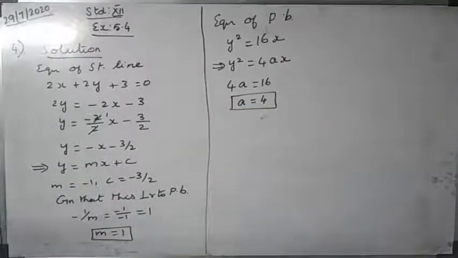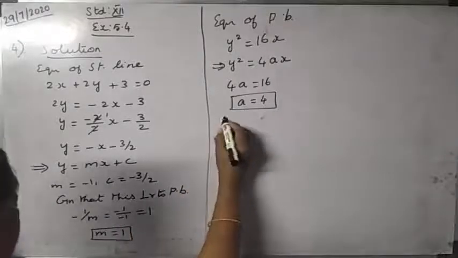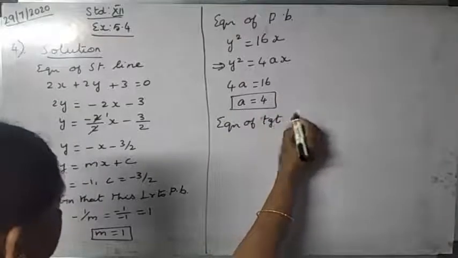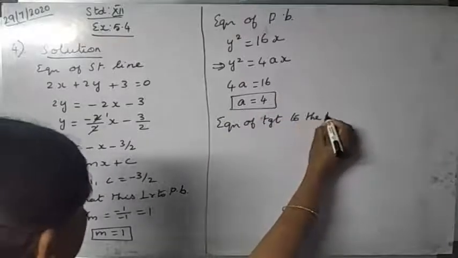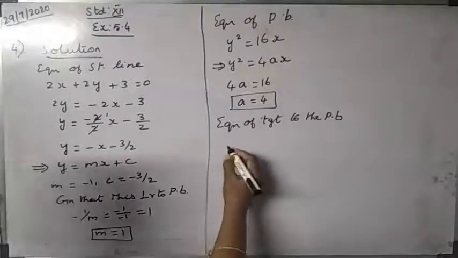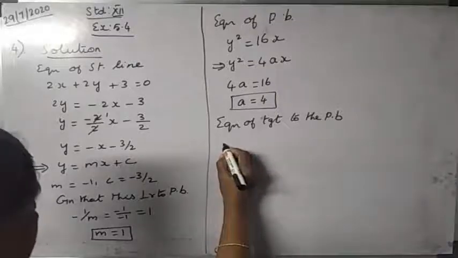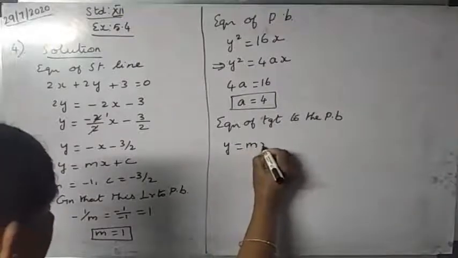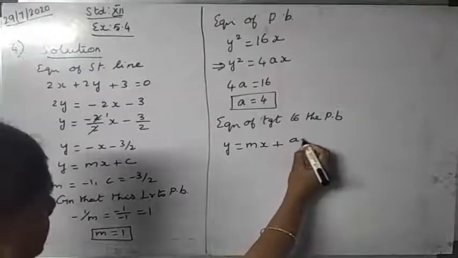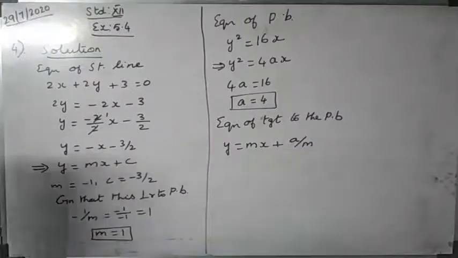Now we want to find the equation of tangent to the parabola. What is the equation of tangent to the parabola? That is y is equal to mx plus, instead of c you can write a by m, is the formula.